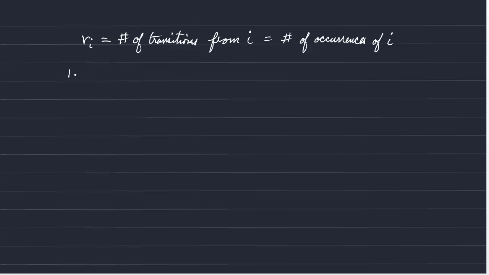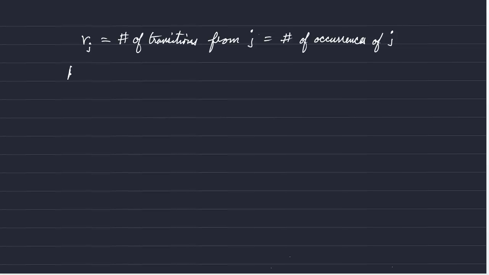Actually, let me change this i to j just to be consistent. So the jth component of our row total vector describes the number of transitions from lithology j, and it's also equal to the number of occurrences of lithology j.